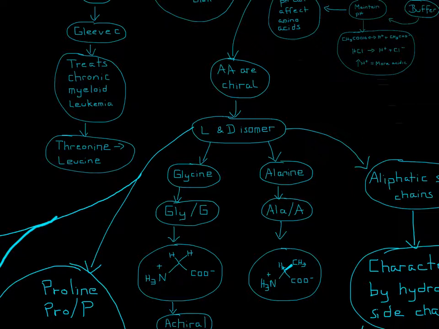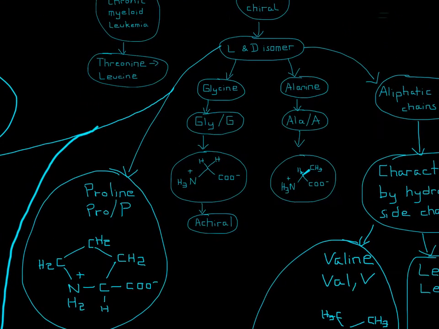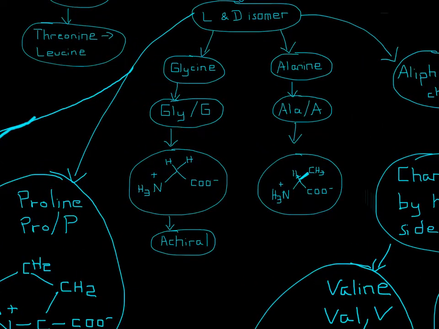So let's talk more about these individual amino acids. We have glycine. What you have to understand for amino acids is that they have both a three-letter abbreviation and a one-letter abbreviation. For glycine, it's GLY, and its one letter is G. Glycine is one of the simplest amino acids.